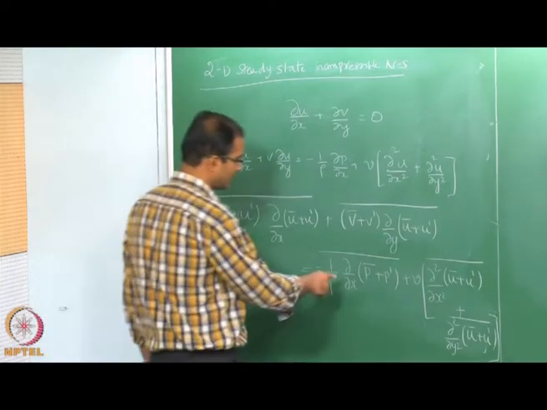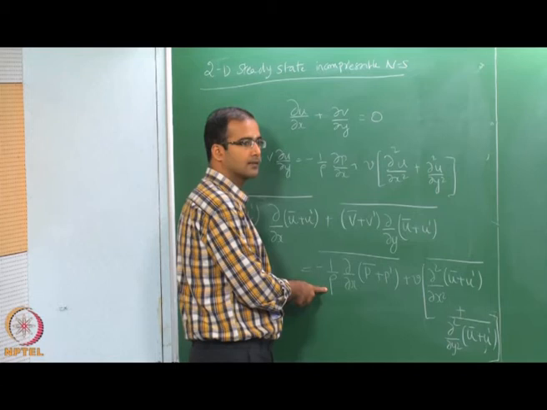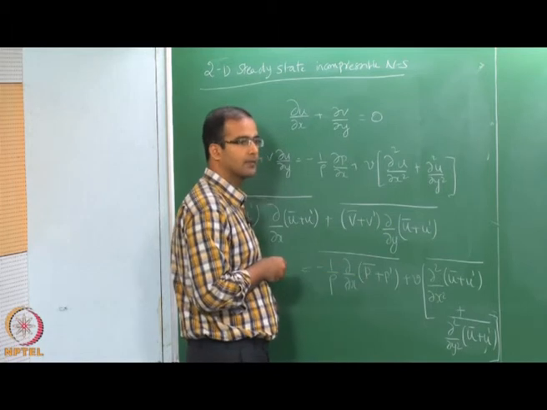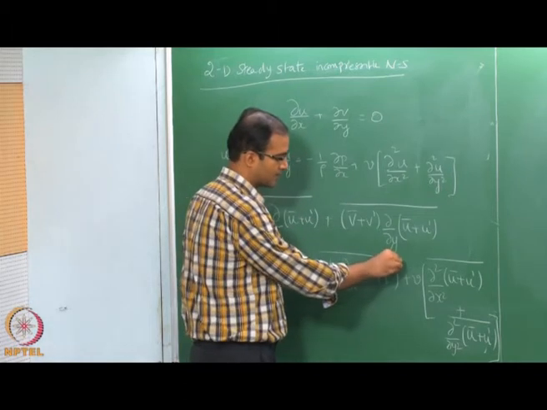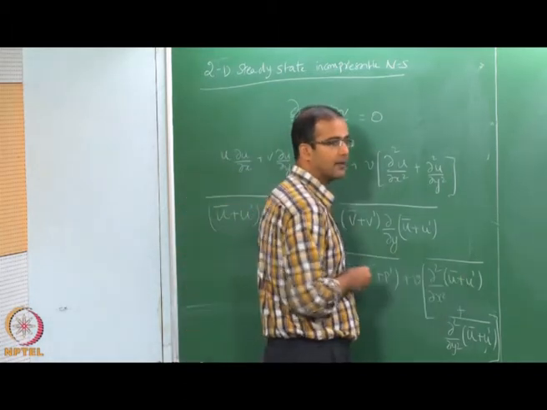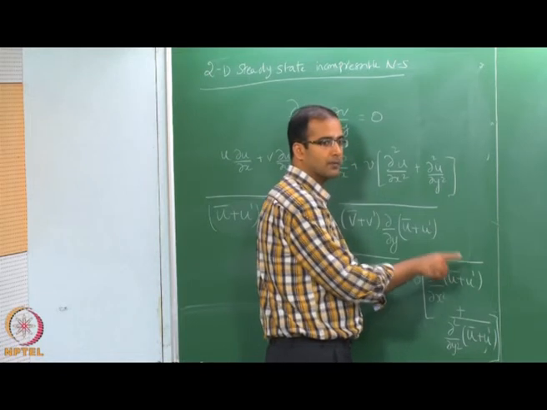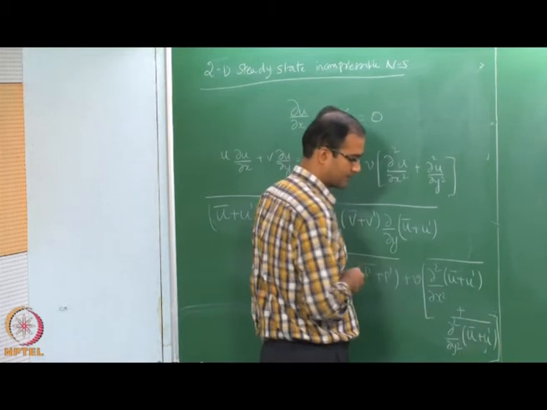On the right hand side, this is incompressible, so there is no averaging operator on the density. So, 1 by rho d by dx of p bar plus p prime bar, and p prime bar will be 0. Similarly, if you do the averaging here, this is u bar plus u prime bar, so u prime bar is also 0. Similarly here, right.